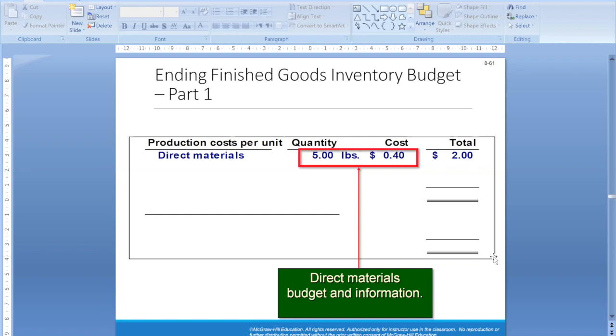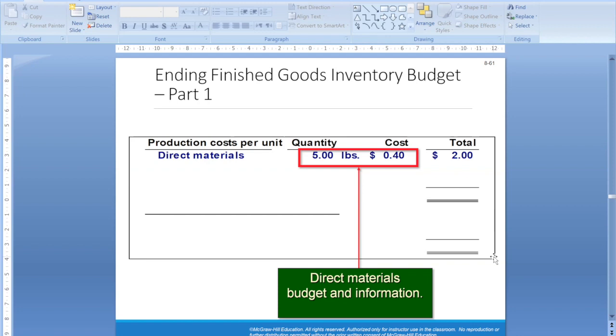For the ending inventory, the words ending inventory mean finished goods for our purpose here. Just to remind you that we have 3 warehouses, 3 inventories, if you like: raw material inventory, work in process inventory, and finished goods inventory. Now we are talking about the finished goods inventory here.